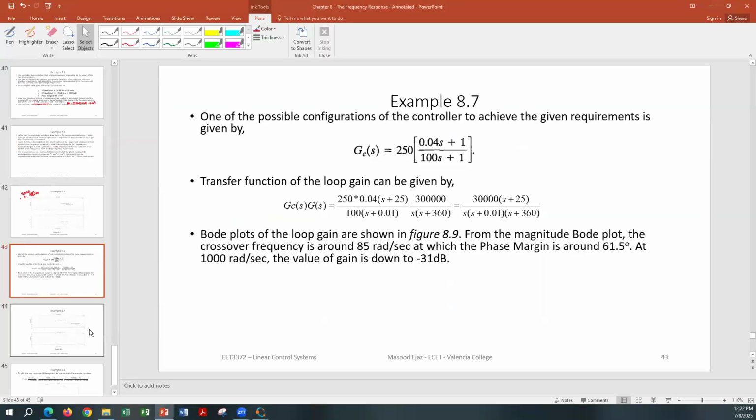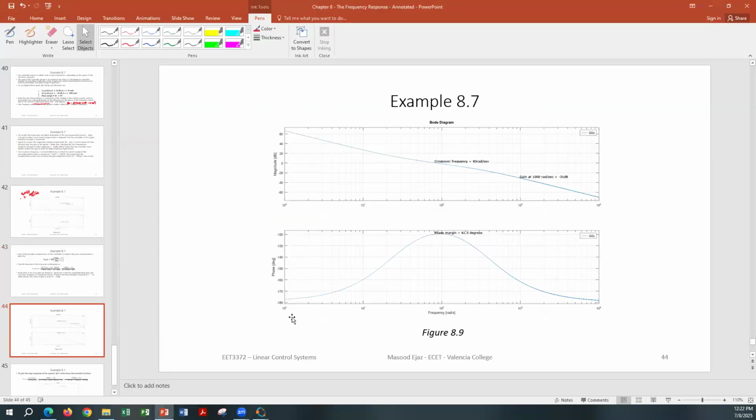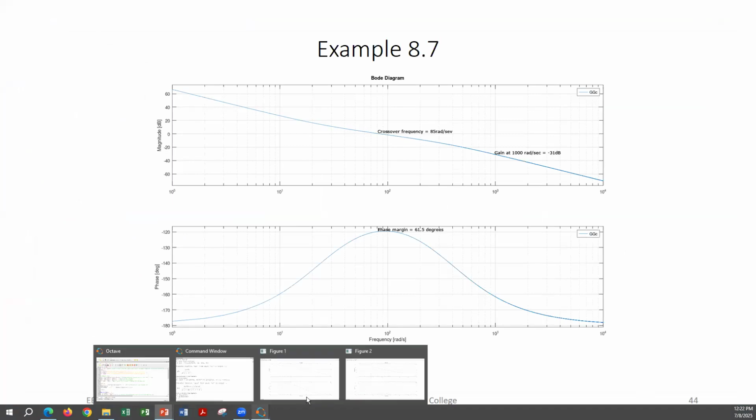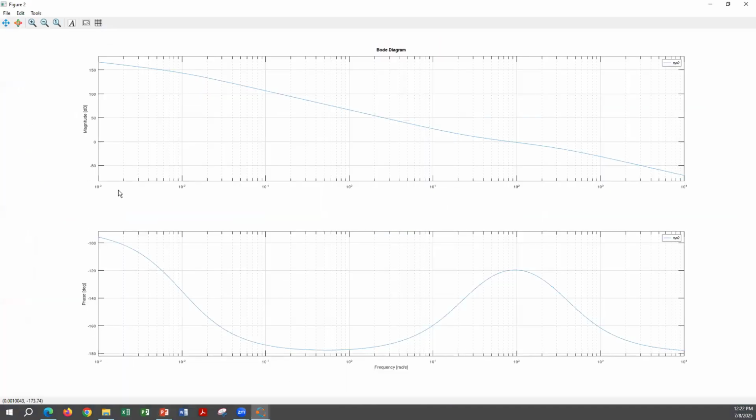Here in the book plot I'm starting at 10 to the power 0, so at 1, and this is 10 to the power 1. So let's observe starting from here.